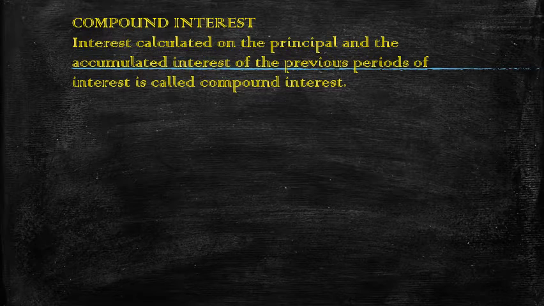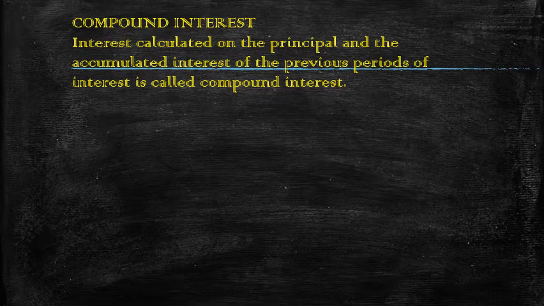Interest calculated on the principal and the accumulated interest of the previous periods is called compound interest. The amount obtained by adding simple interest to the principal at the end of the first period is taken as the principal for the second period. The amount at the end of the second period is taken as the principal for the third period, and so on.